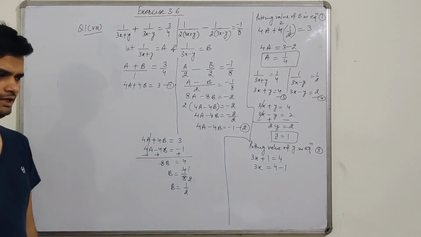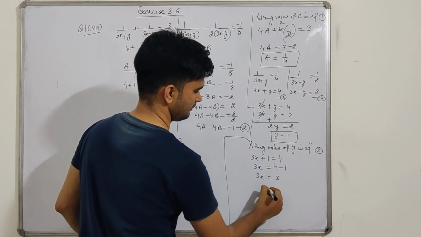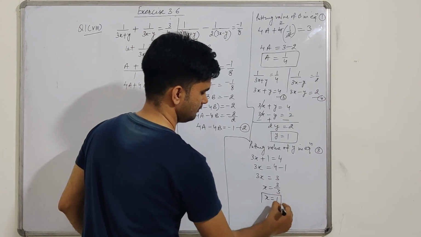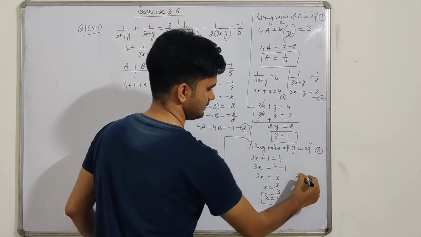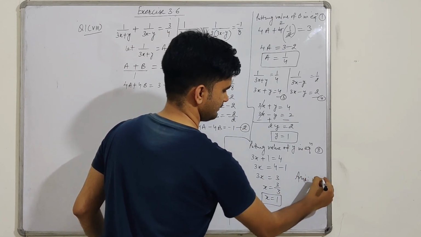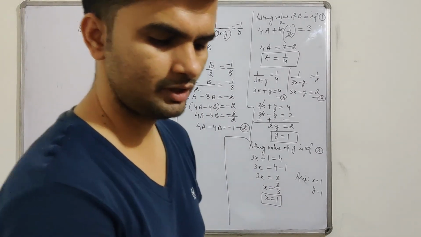Positive 1 on the right hand side becomes negative. So 3x is equal to 3. X is equal to 3 by 3. X is equal to 1. So the answer is x is equal to 1 and y is equal to 1. This will be your answer.